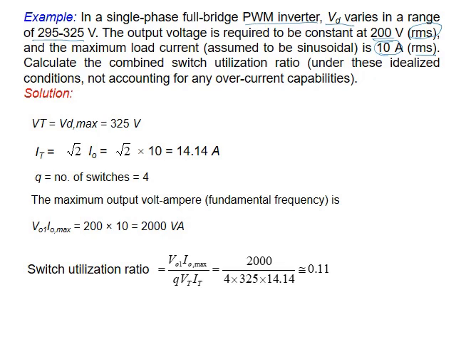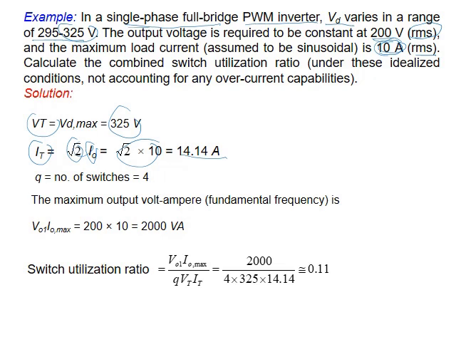Now for the switch, don't forget, it is a single phase full bridge. The switch handles the full voltage. We take the highest, which is the worst situation. IT, the switch current, is square root 2 IO. I got it, the maximum, because here it is RMS, I need to multiply by square root 2 to get the maximum.